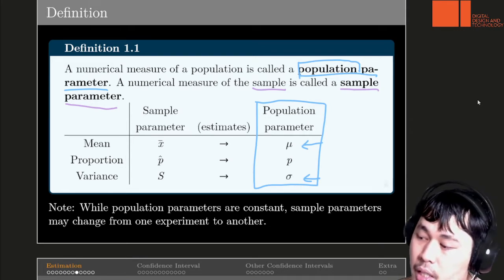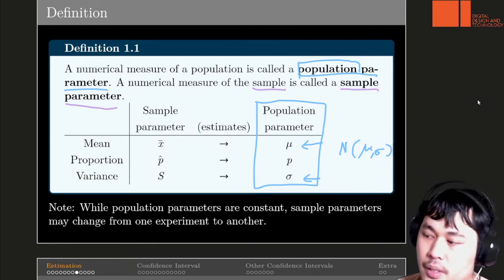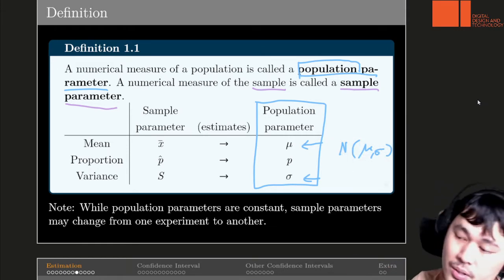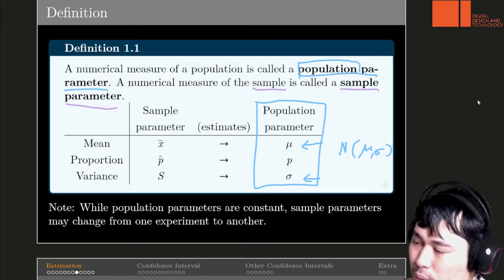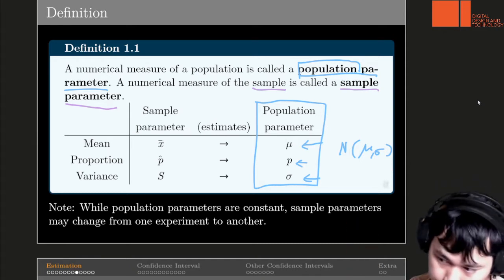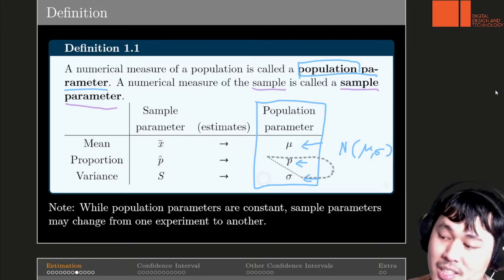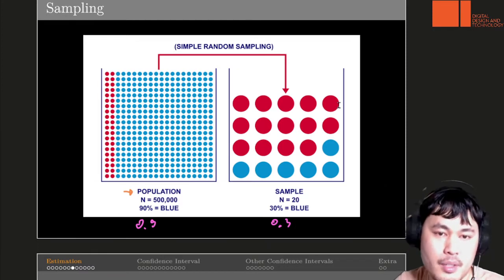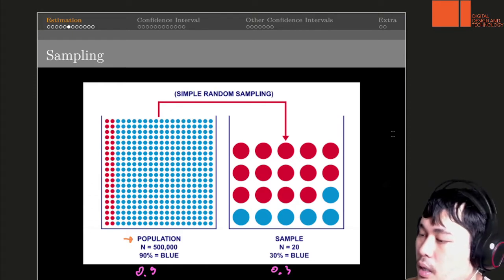And this is what we saw in the distribution notation, N of mu and sigma, where we suppose that we know the actual mean and the actual standard deviation. And also we didn't use this a lot, but it's going to be used sometimes in the future, which is the proportion. Maybe this is what we saw up here: what is the proportion of something compared with the size of the whole thing.